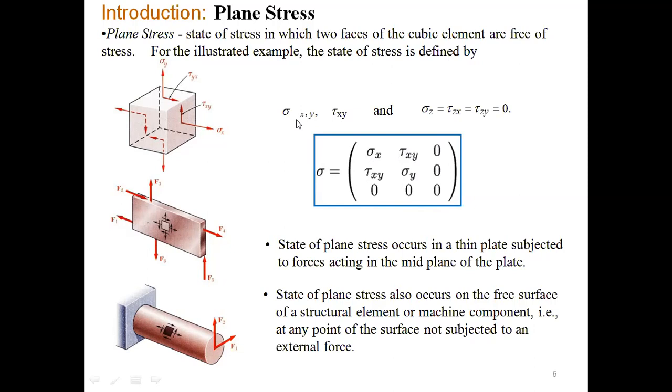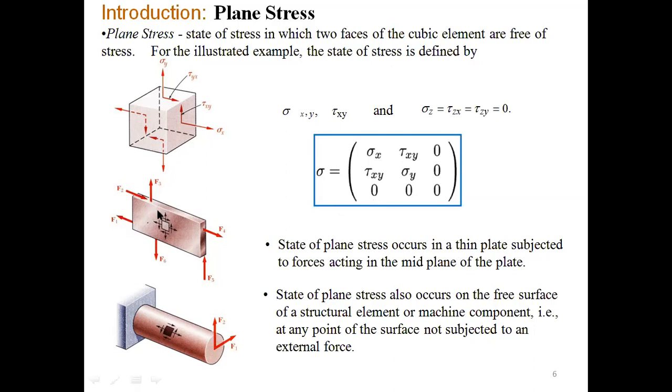The remaining components which are associated with the z-axis would all be 0. So sigma z would be 0. Where z appears, all those components would be 0. In that case, we would have this stress matrix.